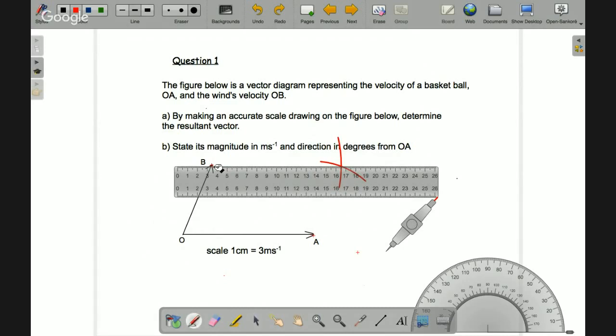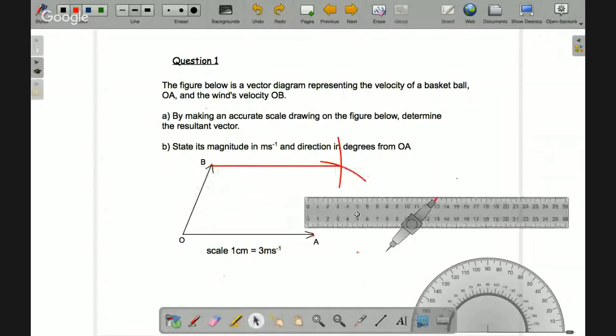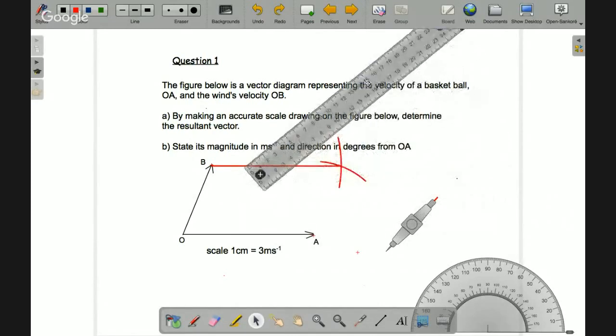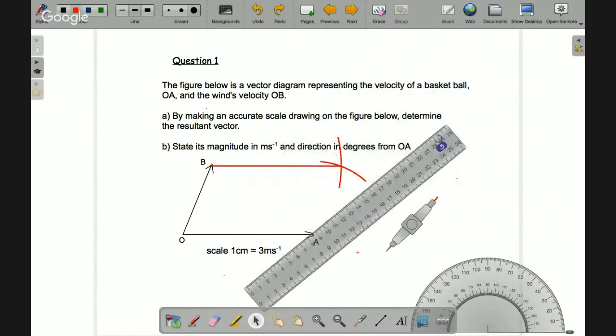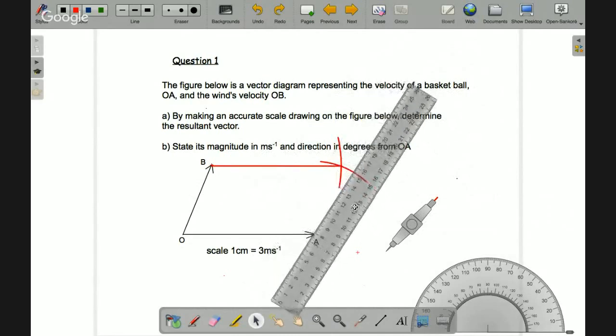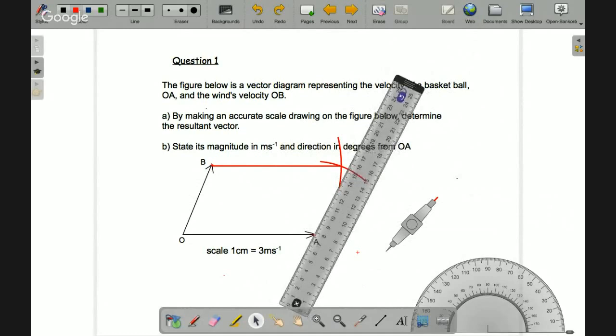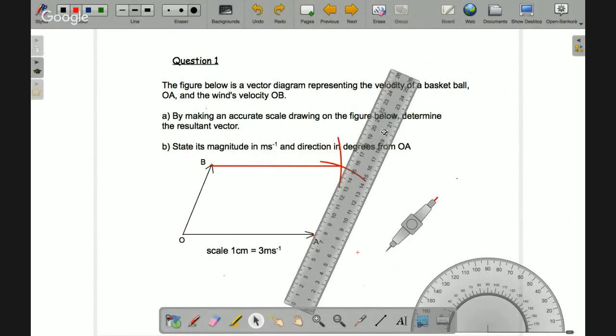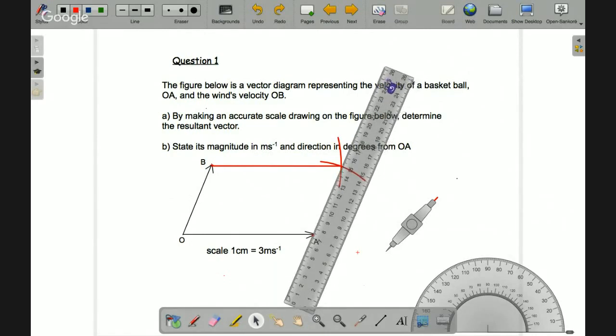And we just draw from B right on to where it intersects, and then do the same for A. Alright, I think I might have it now. So this essentially is our parallelogram.